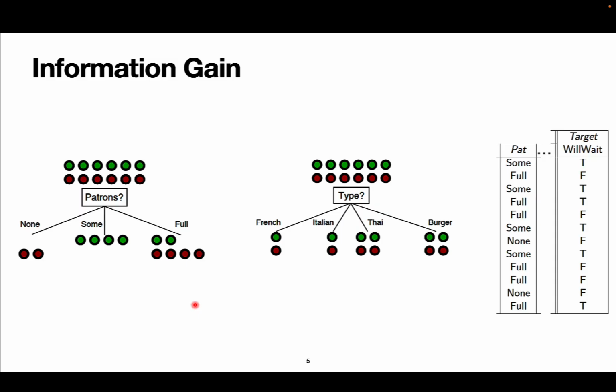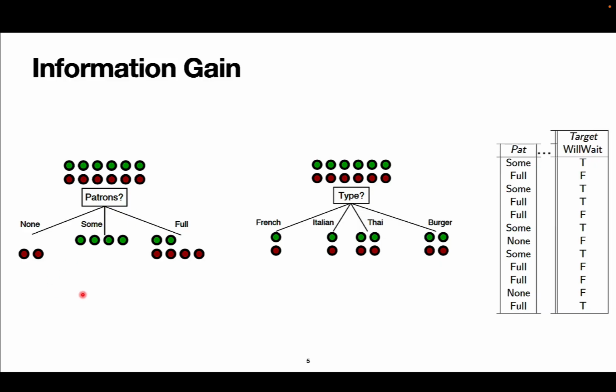Let's try to understand information gain at a high level without getting distracted by formulas and concrete numbers. Before splitting, we calculate the entropy for the entire dataset. In this example, there are two classes, green and red. We have 6 green and 6 red, which means this is a high entropy, maximum uncertainty.